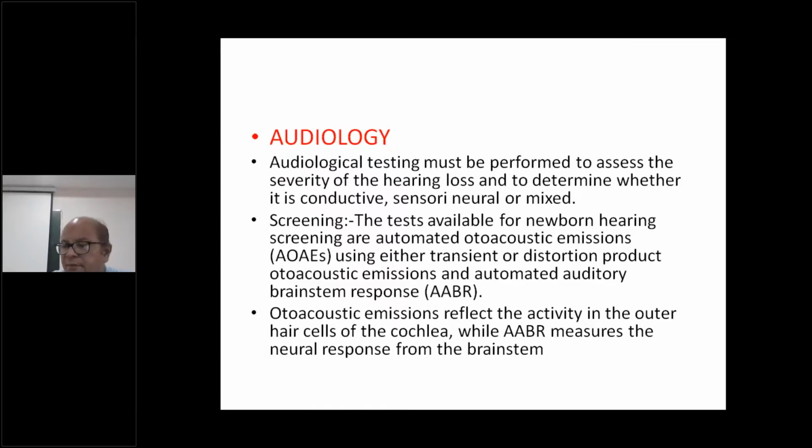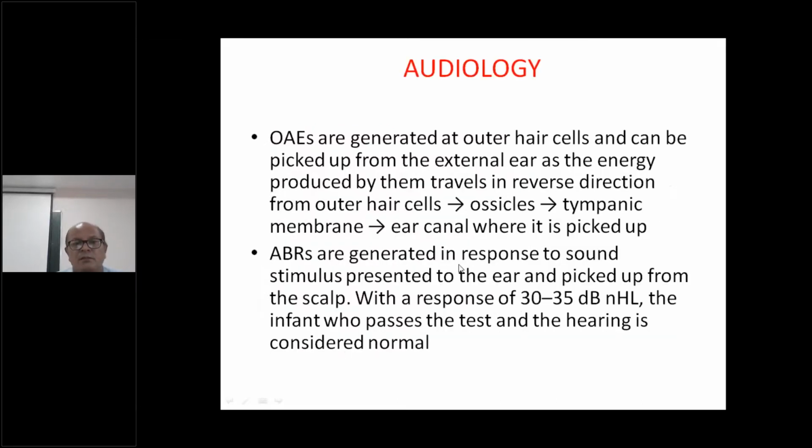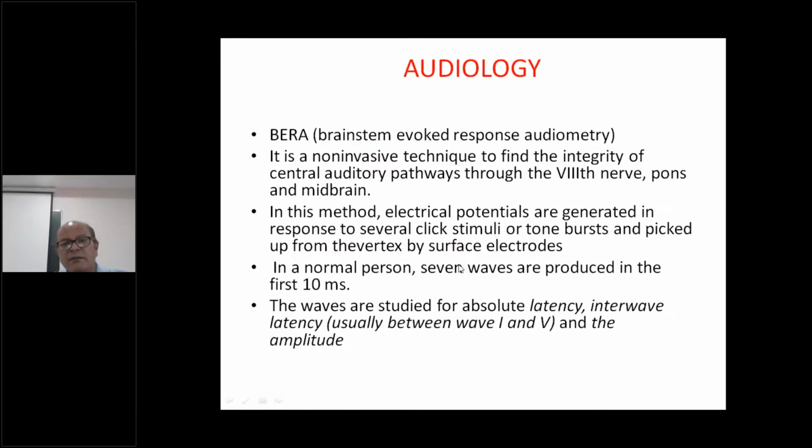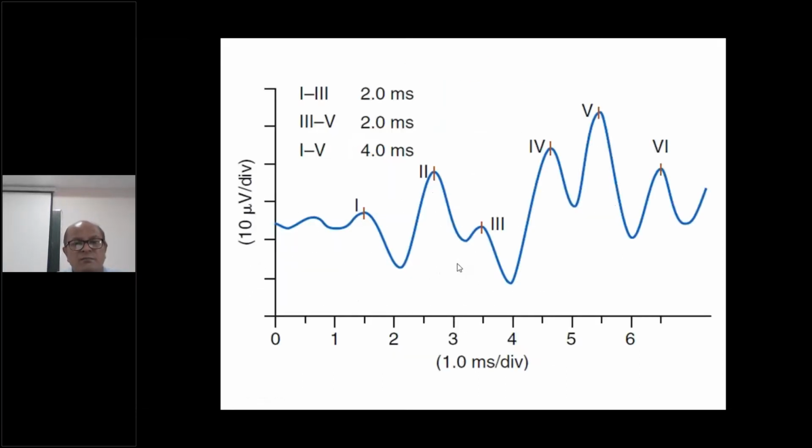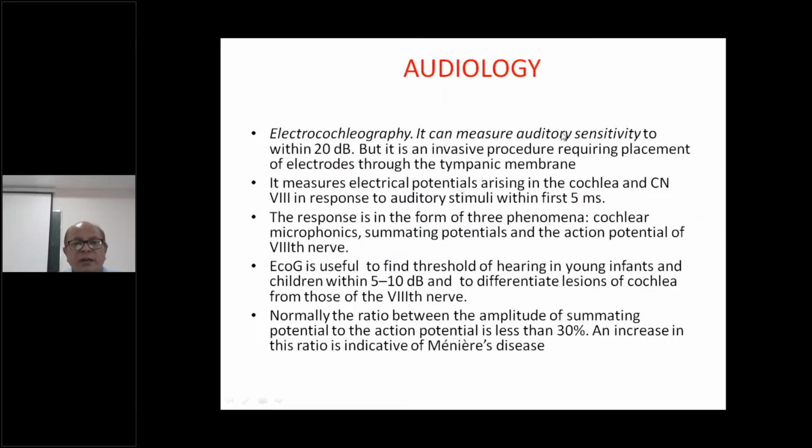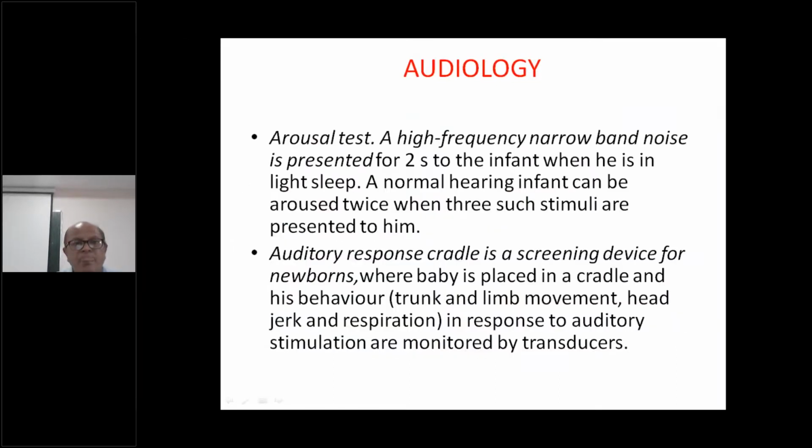If it is still negative, then you go for brainstem response audiometry. I will not go into these because we have already discussed all these things. Then you can do electrocochleography, which I have already told you.